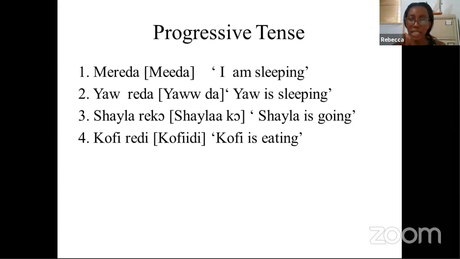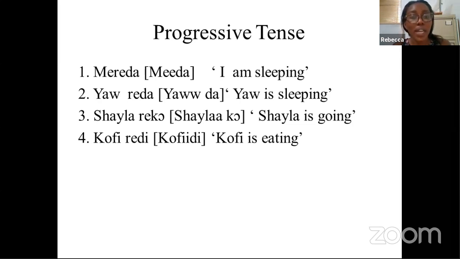Let's add that together: me re da, I am sleeping. And we have Yao re da, Yao is sleeping. Sheila re ko, Sheila is going. Then we have Kofi re di, Kofi is eating. So that is one way of saying that.